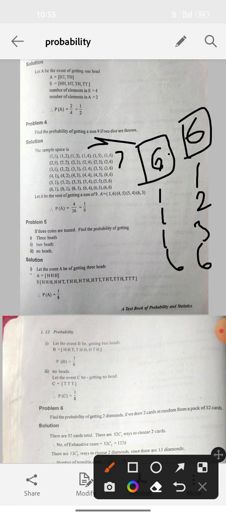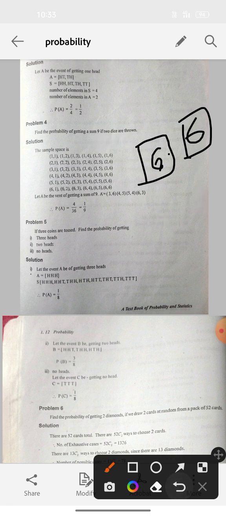Beyond this there is nothing else that can be displayed when throwing two dice. So the sample space is over.